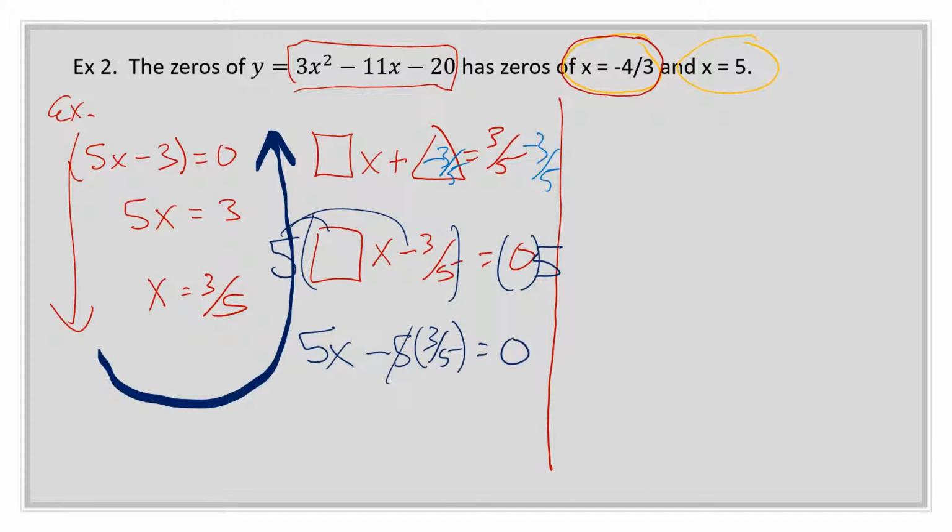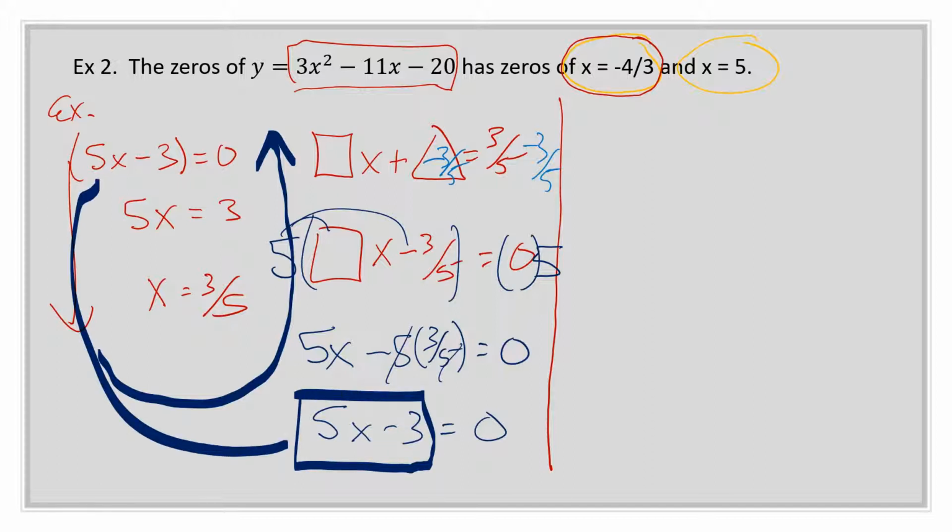And this 5 and this 5 will cancel, so I get 5x minus 3 equals 0. And this factor right here is the factor we began with right there.